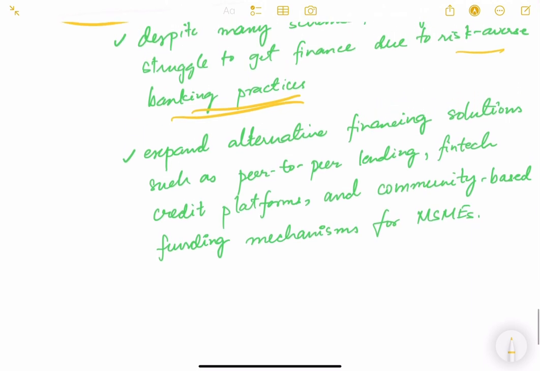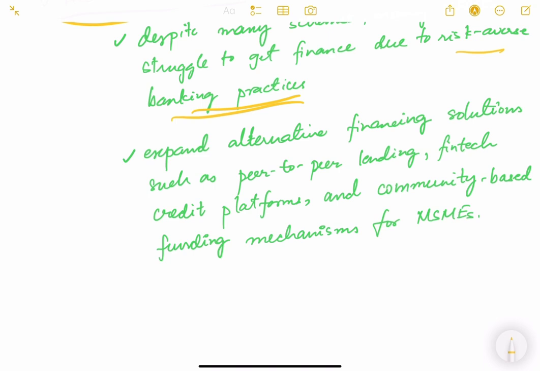Maybe we can simplify our documentation process, and banking can have more simplified due diligence rules, and we can actually benefit the MSMEs by making them aware about these issues.